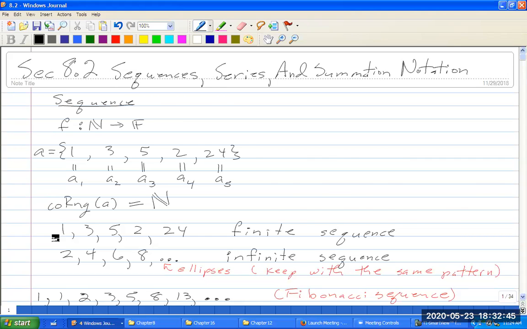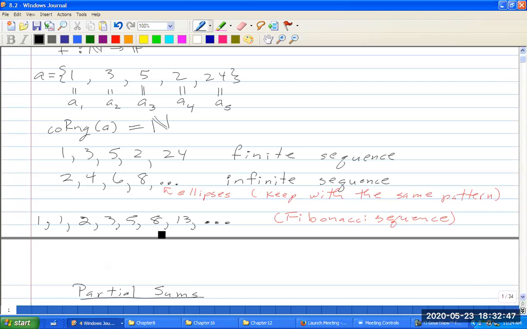The sequence 1, 1, 2, 3, 5, 8, 13 is a special sequence. We call it the Fibonacci sequence. So some sequences are named because people use them a lot.